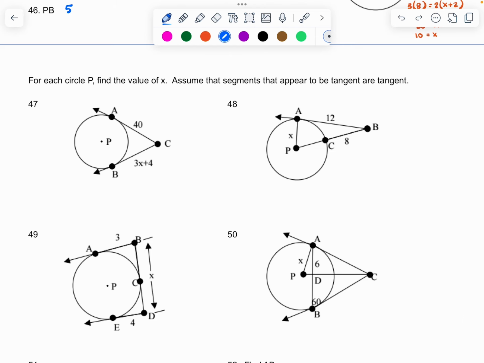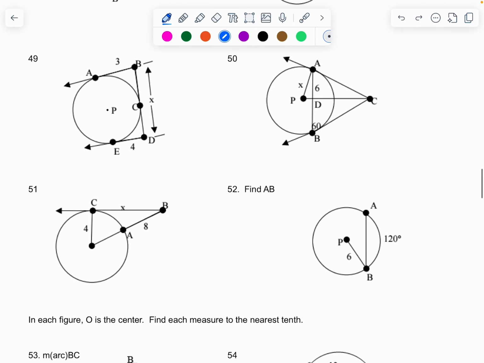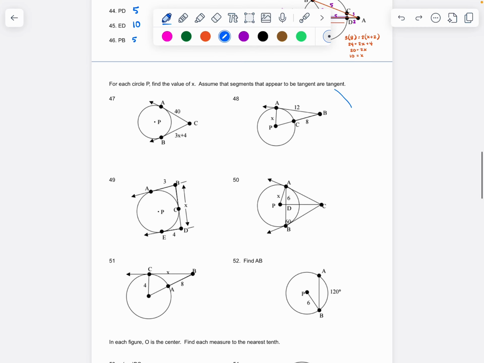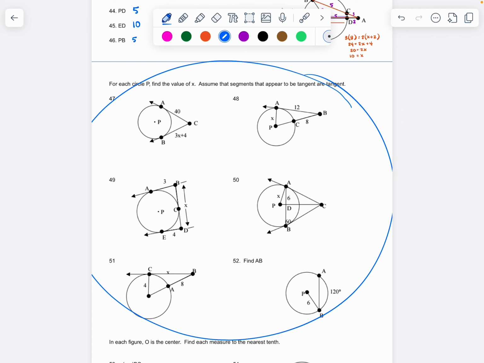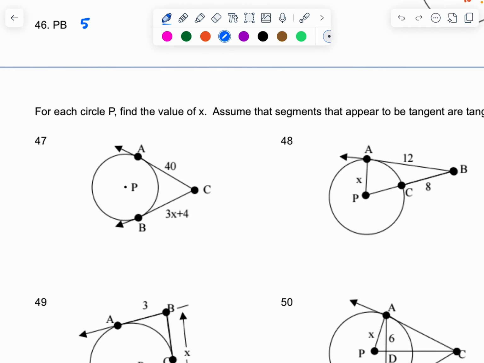All right, deep breaths. Number 47, getting close. Everything in this section right here is all from day 3. And remember, the name of the game is to find yourself a right triangle, most of the time. There are some exceptions to this, which would be numbers 47 and 49.